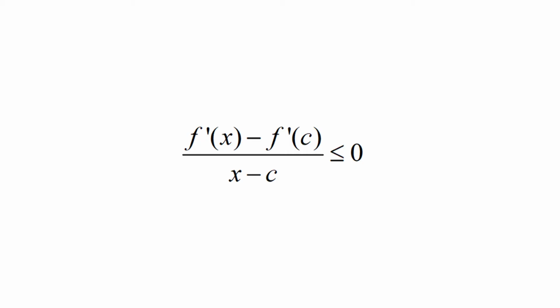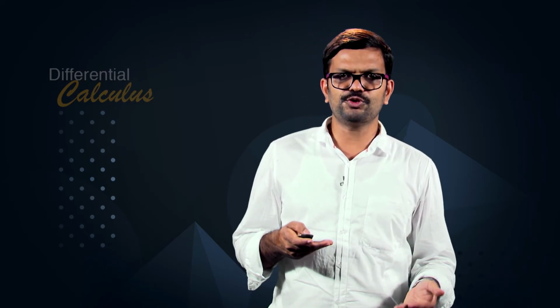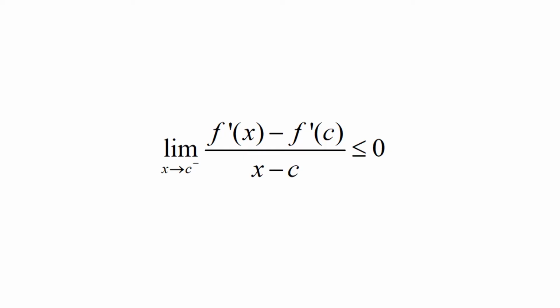Then (f'(x) - f'(c))/(x - c) is less than or equal to 0, where x is sufficiently close to c. This would imply that the left hand derivative of f' at c is less than or equal to 0. That is, the limit as x goes to c from the left of (f'(x) - f'(c))/(x - c) is less than or equal to 0.